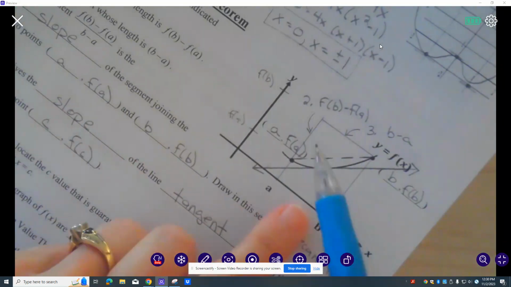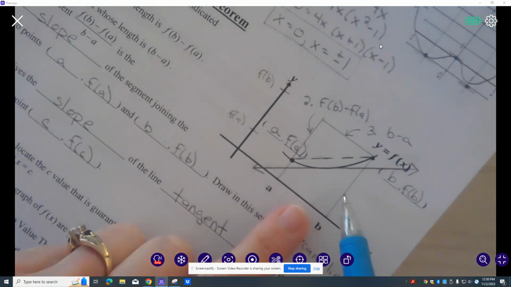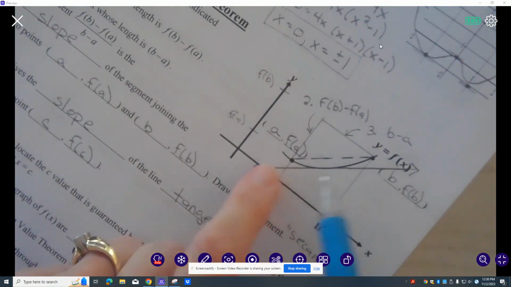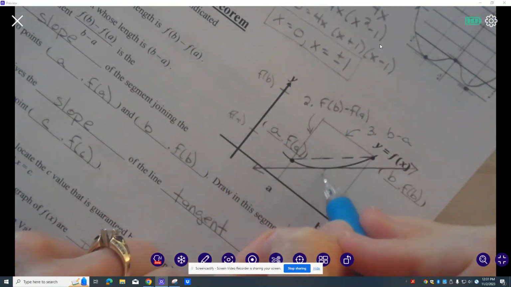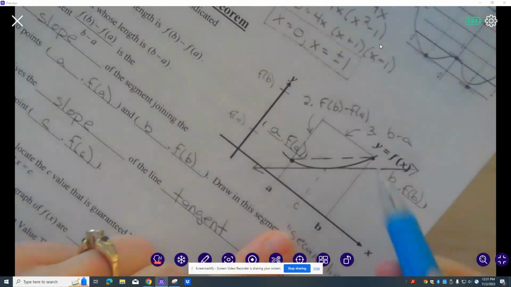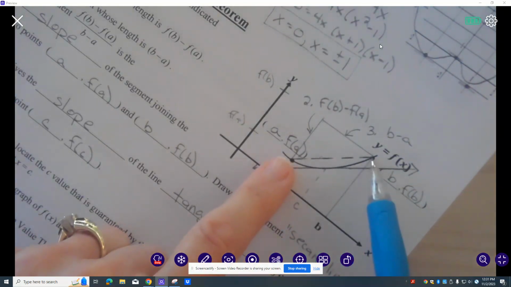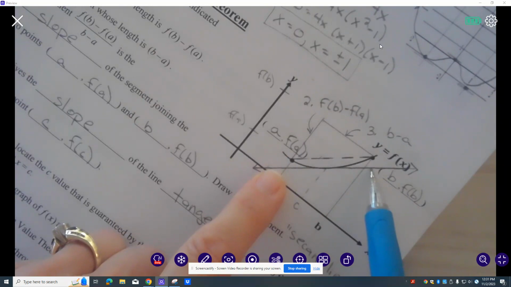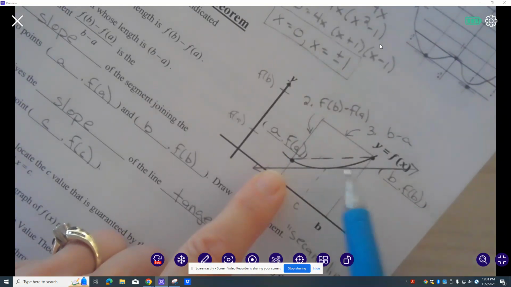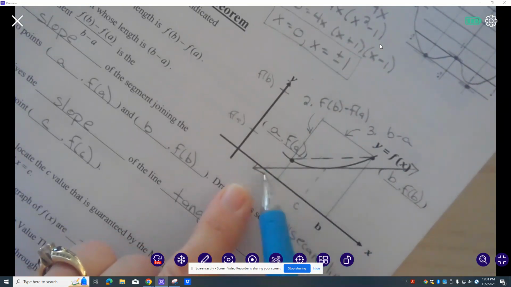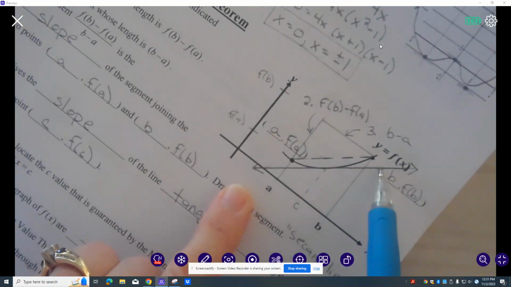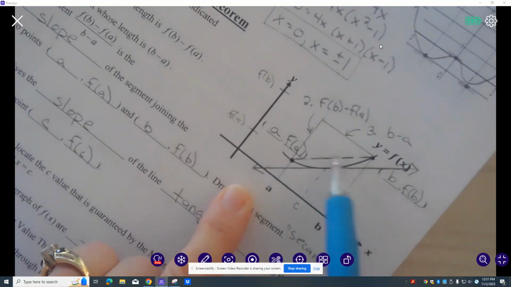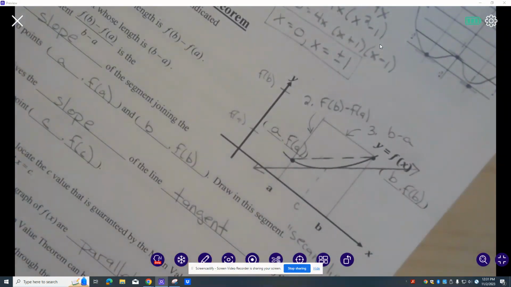Mean value theorem says if you have a function and it's continuous and differentiable, then somewhere, in this case, it was at point C, there exists a point where the slope of the secant line, or the algebra 1 slope, equals the slope of the tangent line, or the derivative. So it's where the derivative, the slope of this line, equals the algebra 1 slope, the slope of the secant line.